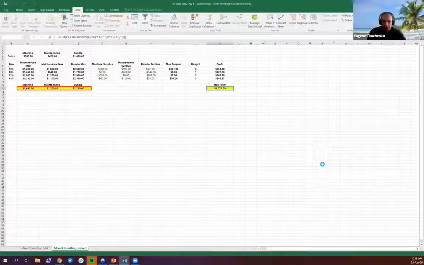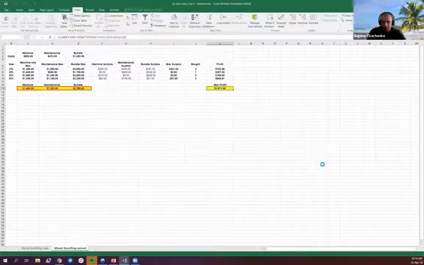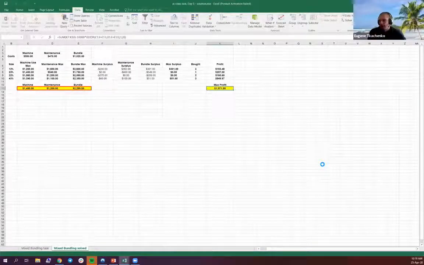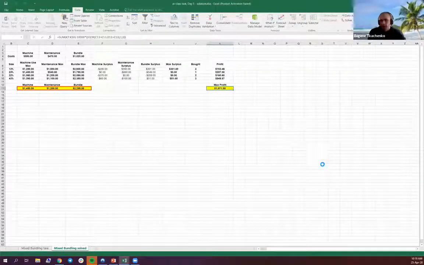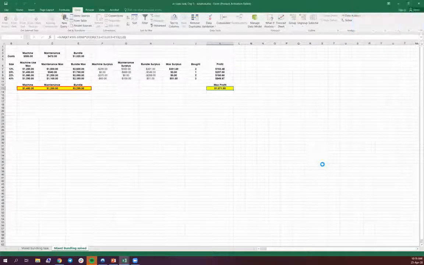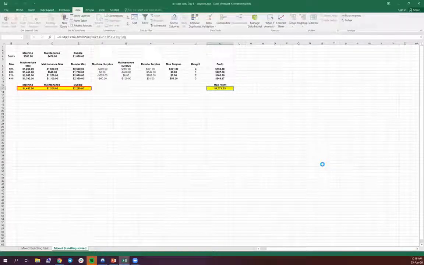Your sheet profit is 207 for a person who bought one machine, 900 over our cost. One second, not quite following. Kenneth, could you point out which cell you're referring to? Yeah, if you look at the second group, the 23% group.